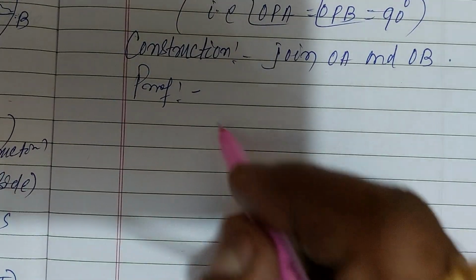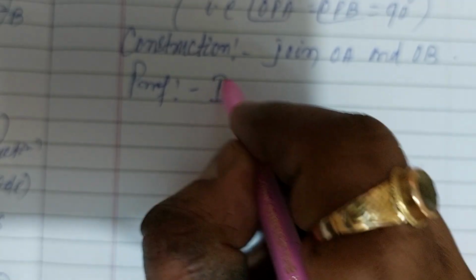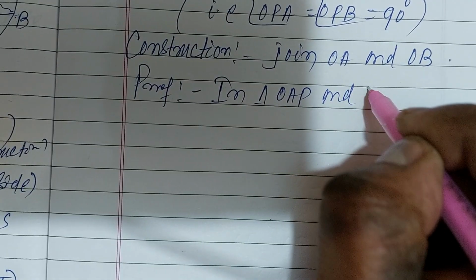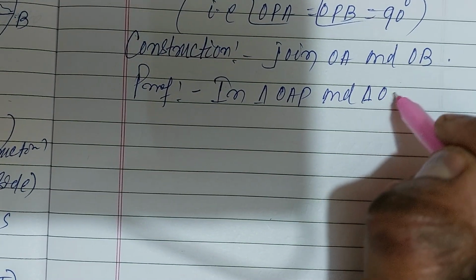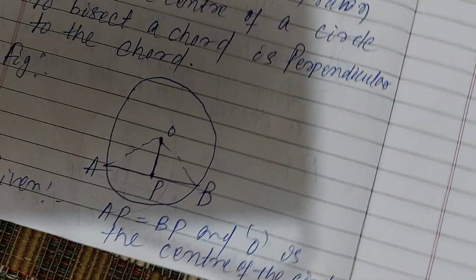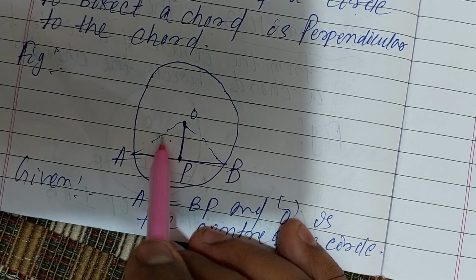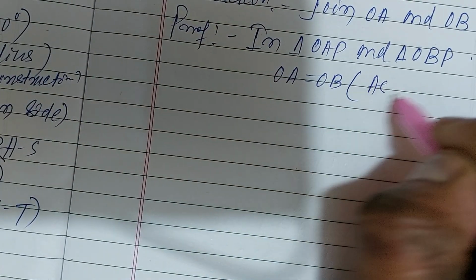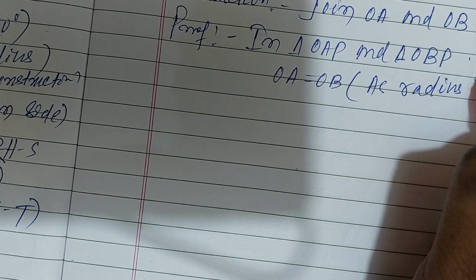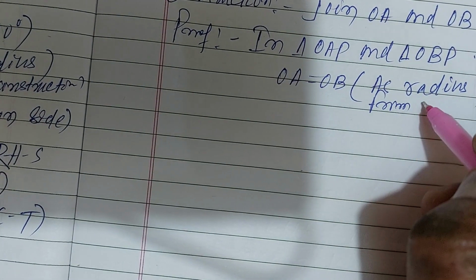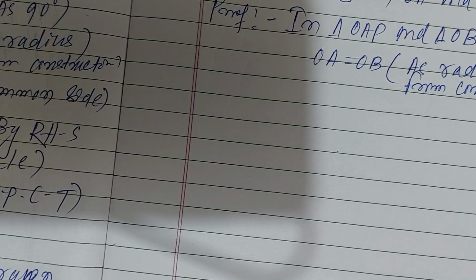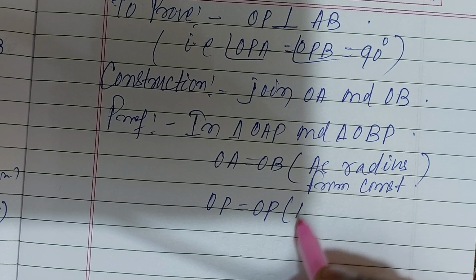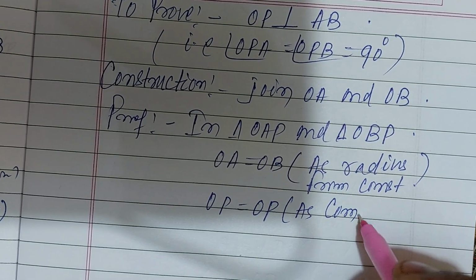Okay, so now prove it. Take these two triangles and compare them. In triangle OAP and triangle OBP, OA is equal to OB as radii, from construction. Then OP is equal to OP as common side, for both the triangles.